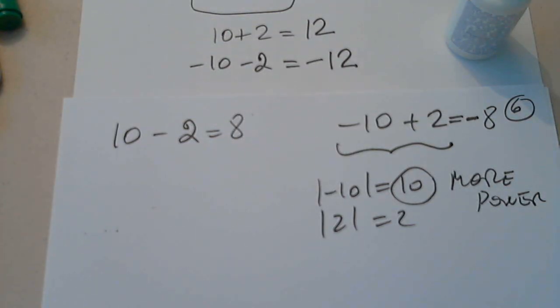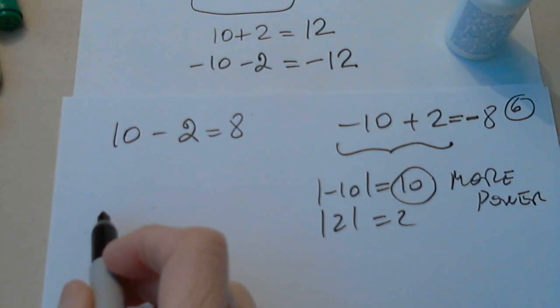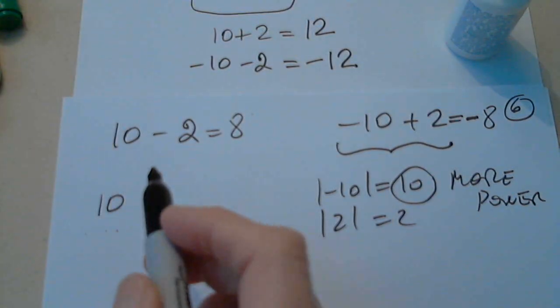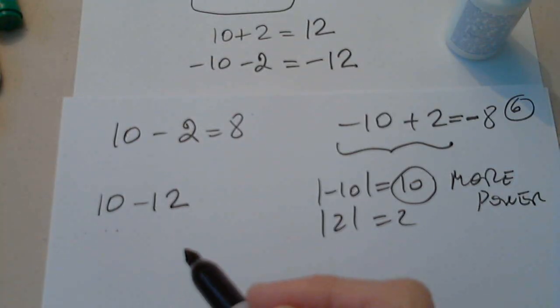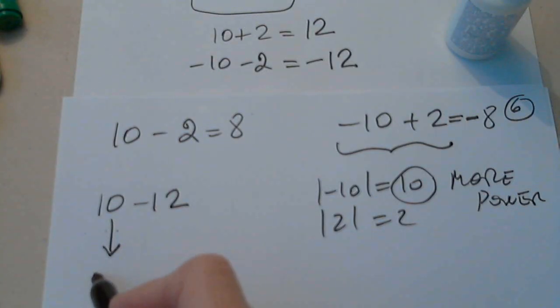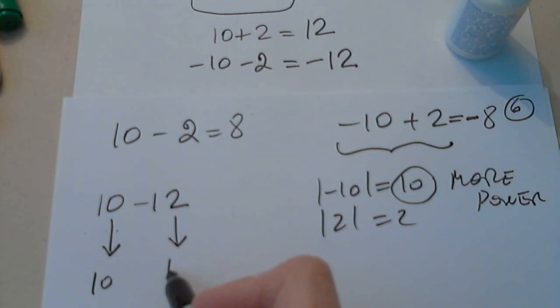Is this better? Yes, and if the 2 was, let's say, positive 12, then its absolute value would be 12 rather than the absolute value of -10 being 10. So would it make it the stronger number in that case? Yes. So this in absolute value is 10, and this in absolute value is 12.